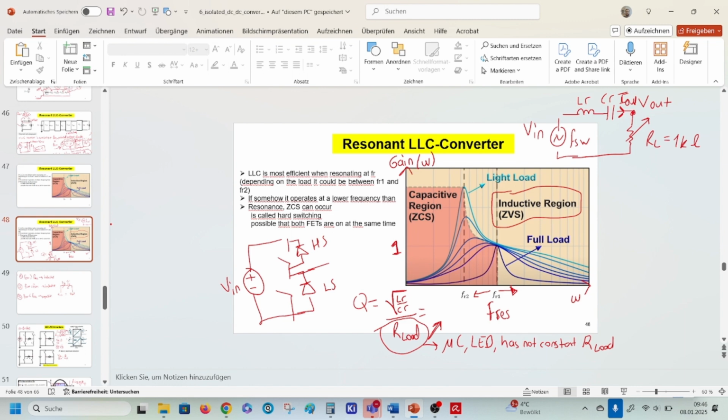And in this case, this current waveform will change. In the best case, I will have a sine wave of my output current if I switch at the resonance frequency. If I don't switch at the resonant frequency, for example here, my current will look like this.